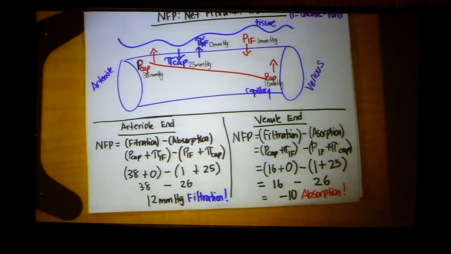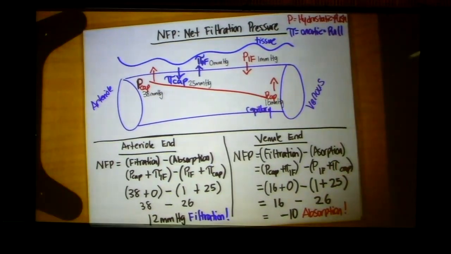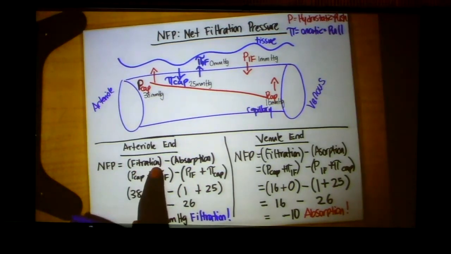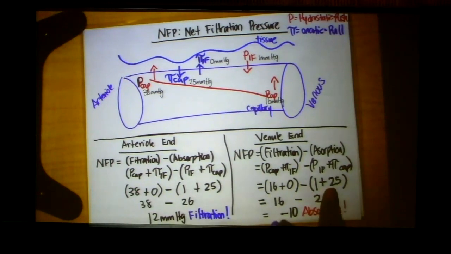So when we net out the pressures at the arterial end and the venous end, we can prove that at the arterial end, the net direction of fluid movement is filtration, which is fluid moving from the capillary out into the interstitial space. And on the venule end, we're absorbing fluid from the interstitial space back into the capillary.